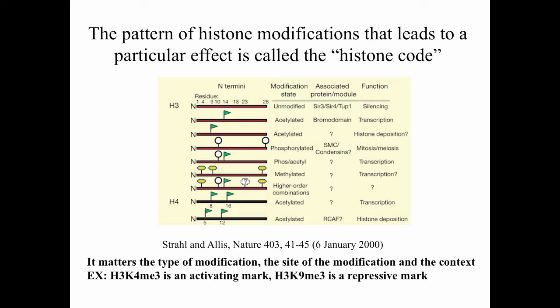So here's an example. If you have H3 that's methylated on lysine 4, that's activating, whereas if you have a different lysine on H3, lysine 9, that's also methylated, that's considered repressive.